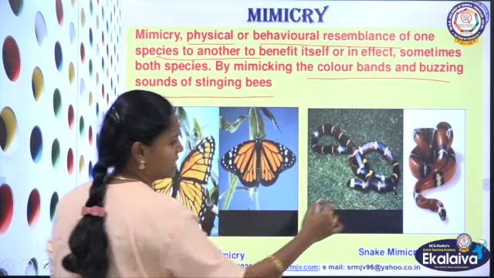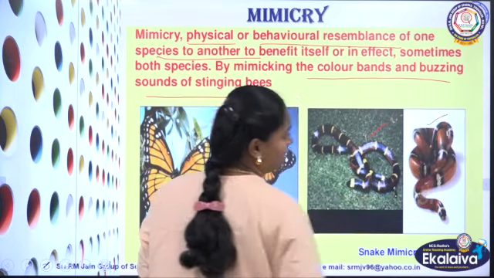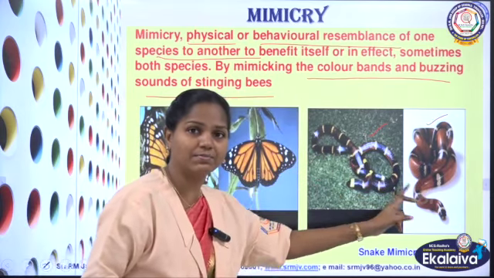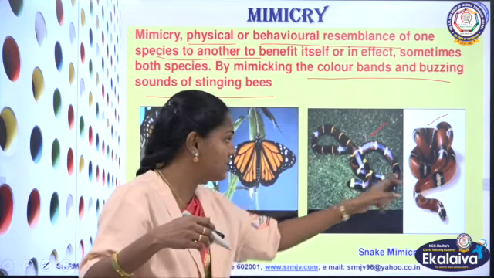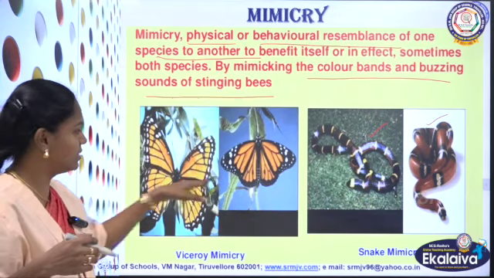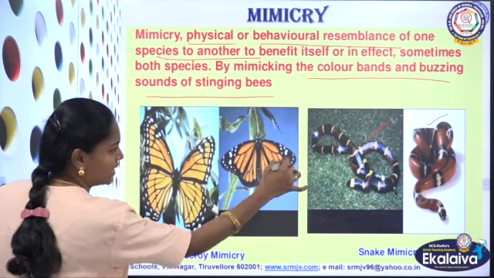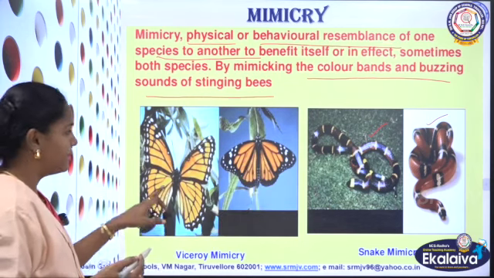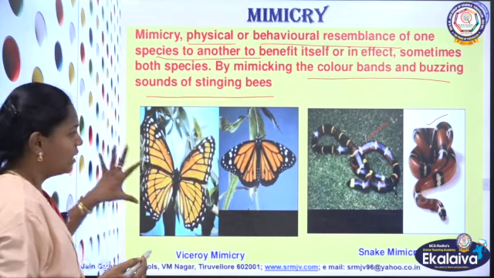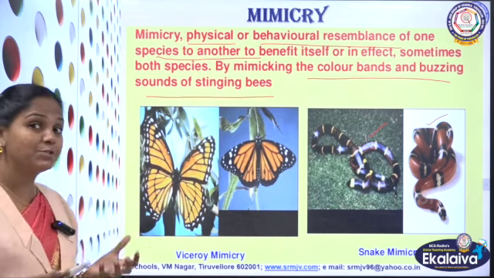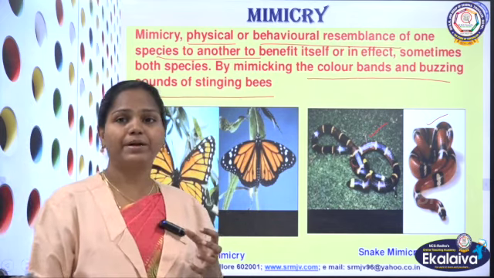You can see different species of snakes, but they resemble each other in color, pattern and bands. It is the same with butterfly color. By seeing the wings you can see they are different species, but they resemble each other. So a misconception will be there with the predators.